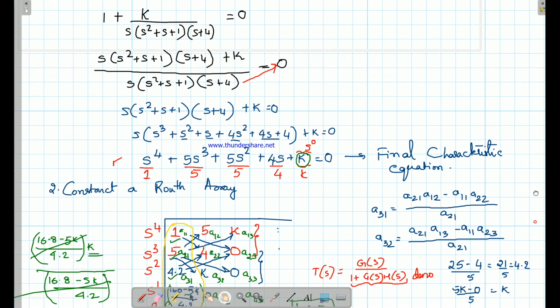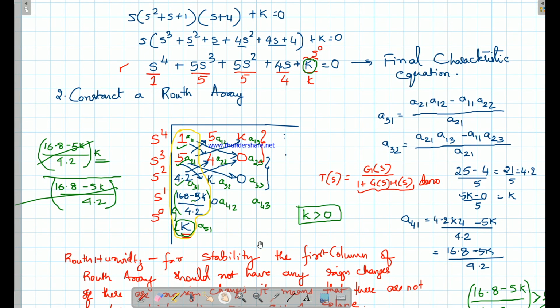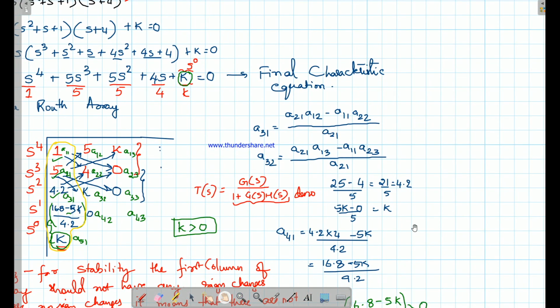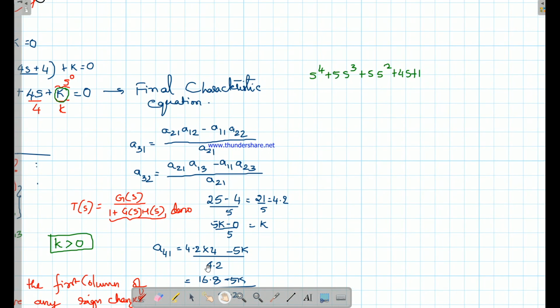Again, you take the characteristic equation, which is s power 4 plus 5s cube plus 5s square plus 4s plus k equals 0.